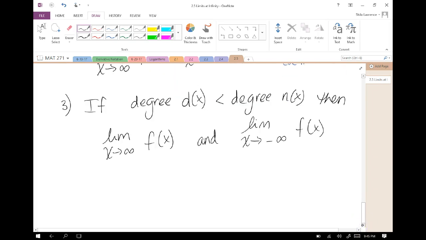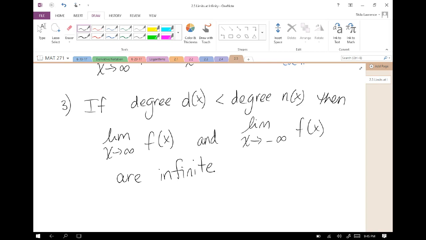So these are infinite limits, like we had in the last section. The answer to these limits is either positive or negative infinity. But to decide whether it is positive or negative, we need to do a little bit of sign analysis. We need to decide what's going to happen if I plug in a really large positive number or a really large negative number with the operations going on in this function.